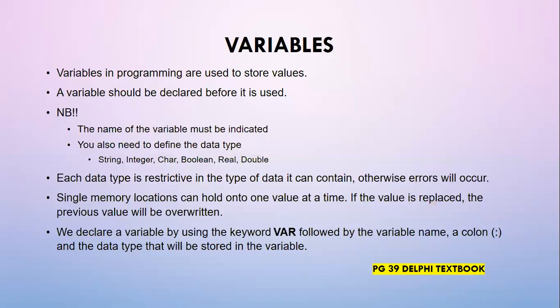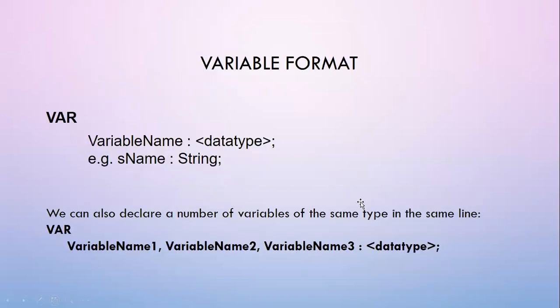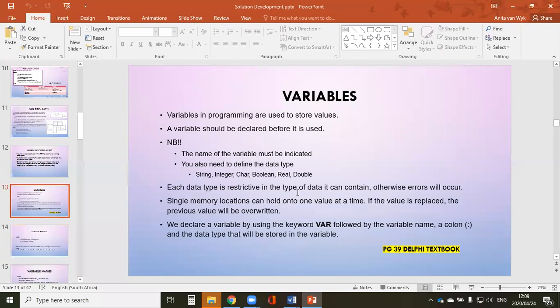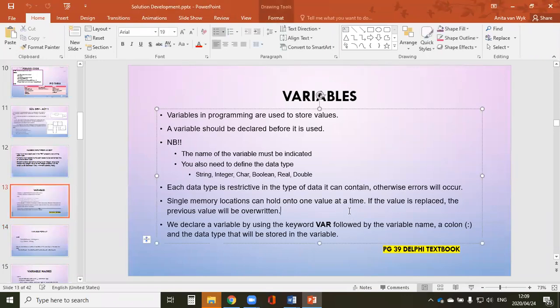So an example here would be iCount assign iCount plus 5. What this means is before this I would have set iCount to 0.